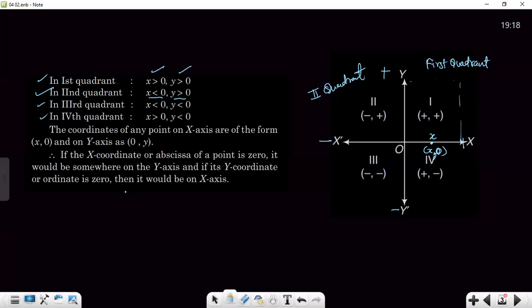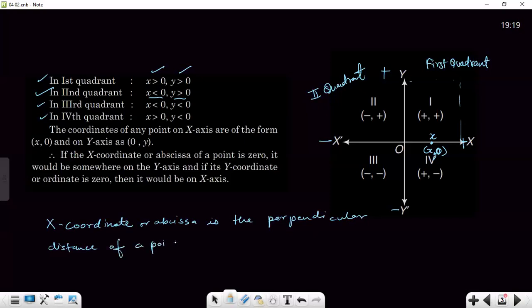This is something weird to understand: the x-coordinate, also known as the abscissa, is the perpendicular distance of a point from the y-axis, and vice versa for y.